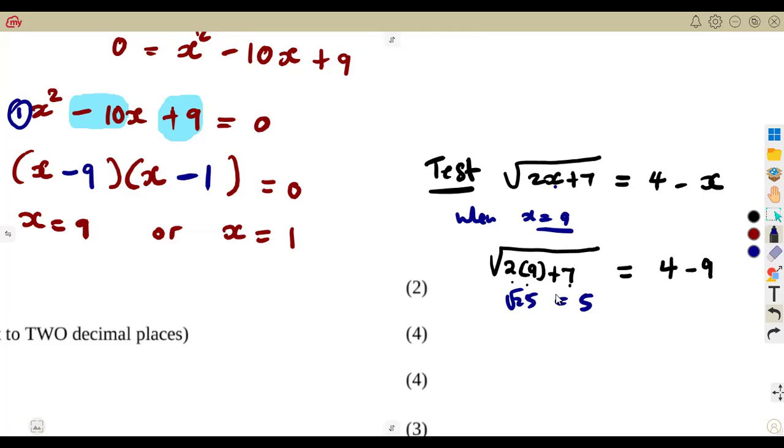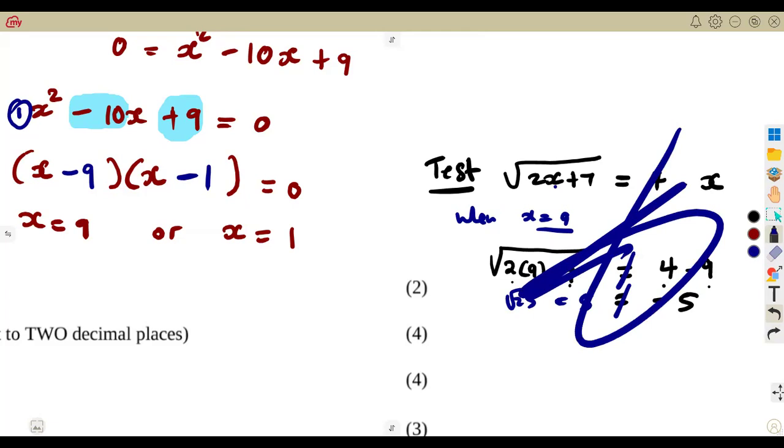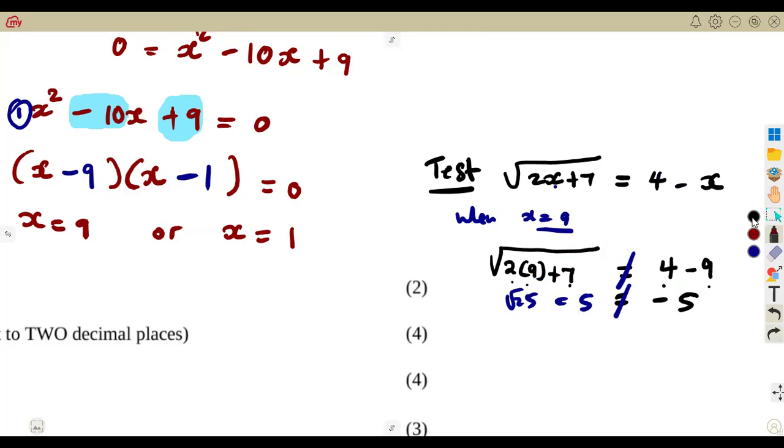There is no plus or minus when dealing with square roots. You only work with positive values. So we get 5. Then if we subtract 4 minus 9, that's -5. These two are different. This is 5, this is -5, so it's not equal. So when x is equal to 9, it does not satisfy the condition that we are given. So this is totally wrong. We cannot have that as a solution.